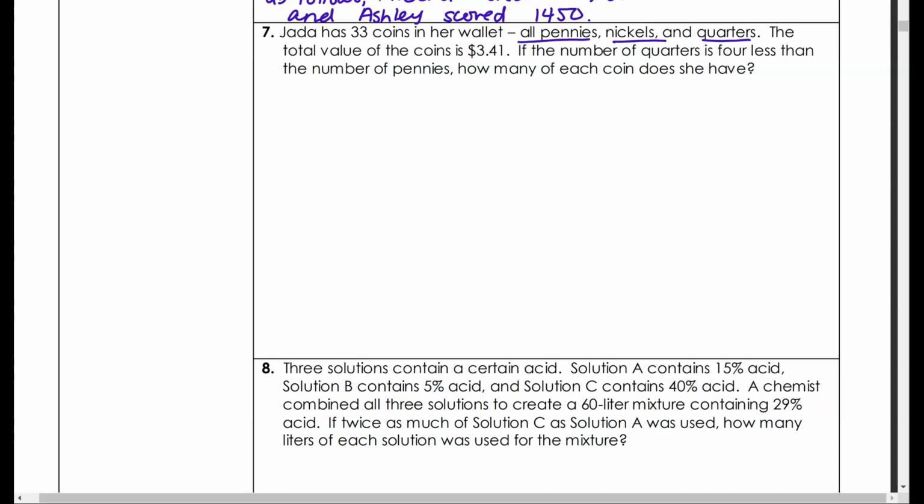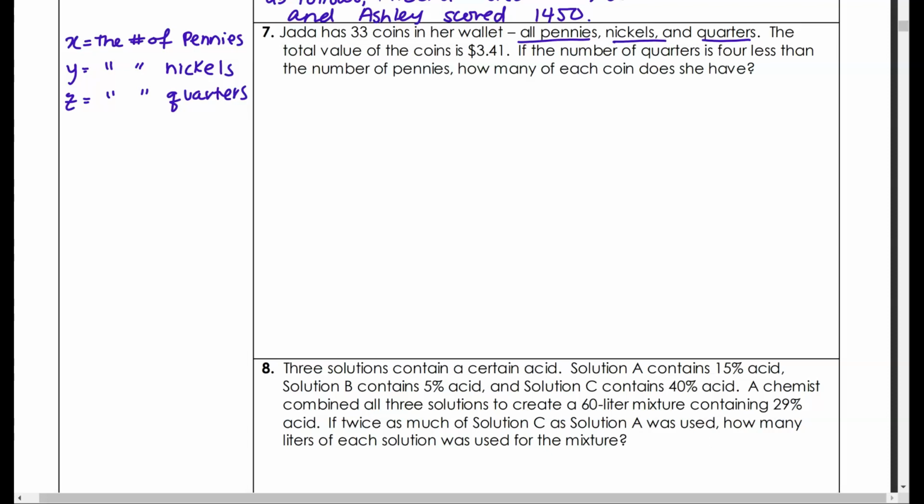Let's let x be the number of pennies. Y is then going to be the number of, let's say, nickels. And Z will then be the number of quarters. So always important for us to identify those.